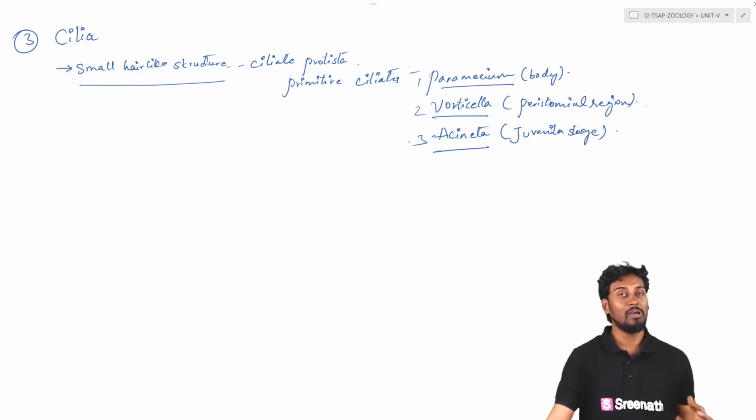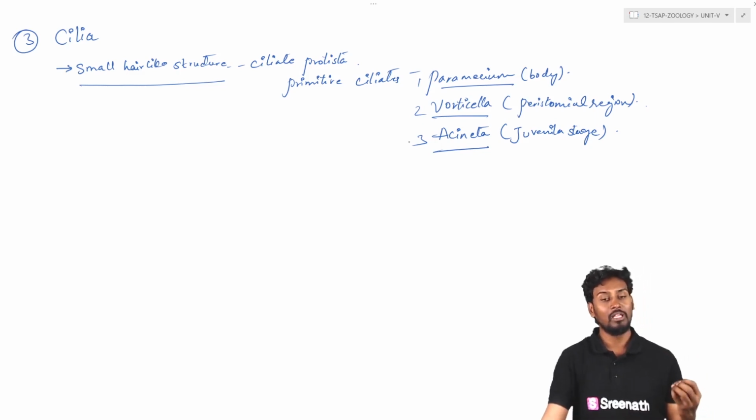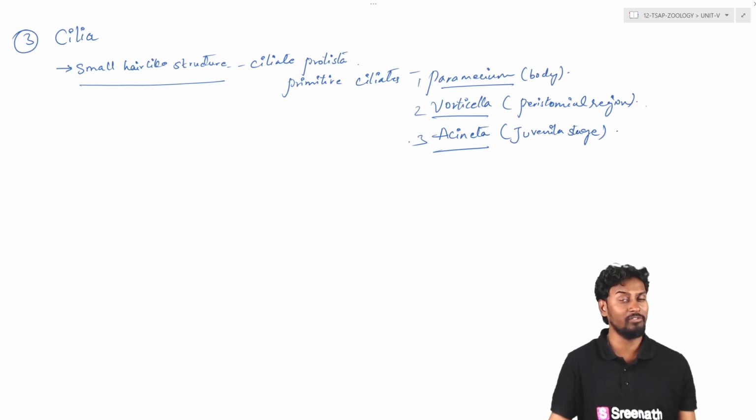So cilia are small hair-like or brush-like structures which are present in a very wide range of organisms. What we discussed here is the lower forms of life, that is, the ciliated protista.